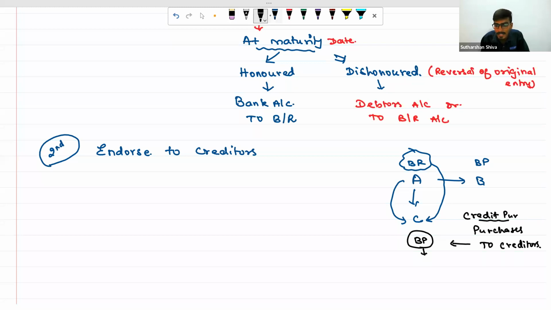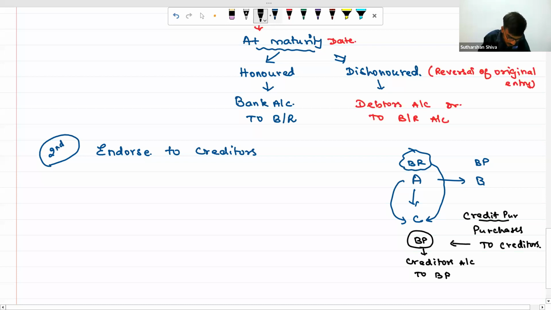At the time of bills payable, what is the journal entry I should pass? My creditors balance I am going to write off, to bills payable. Now, from the point of view of A, C is a creditor. Now I am going to cancel my creditors by transferring this bill.